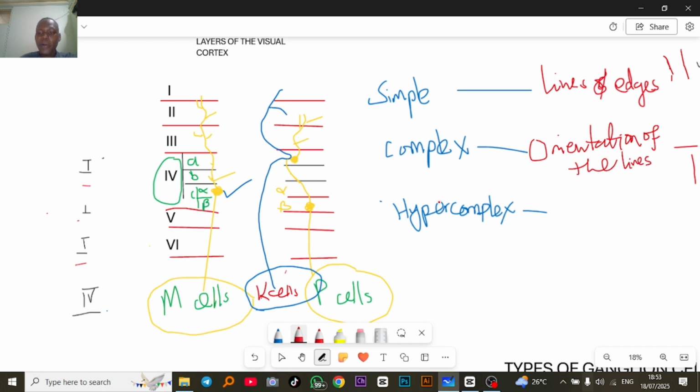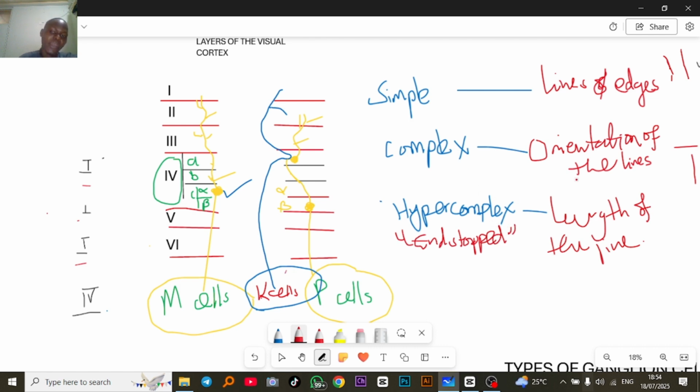How about the hypercomplex cells? They determine the length of a particular line. They can also be called end-stopped cells. Why are they called so?